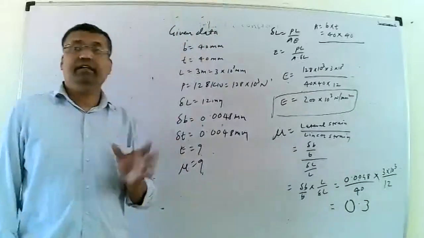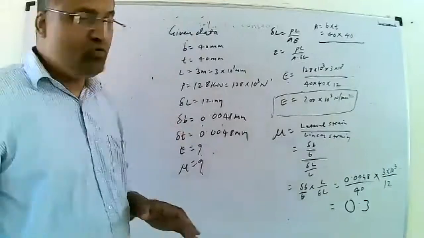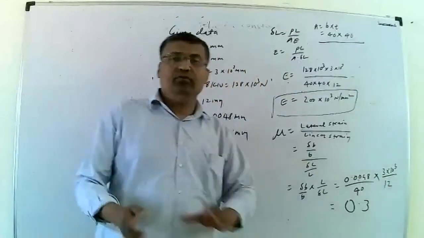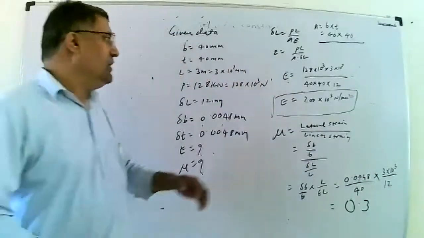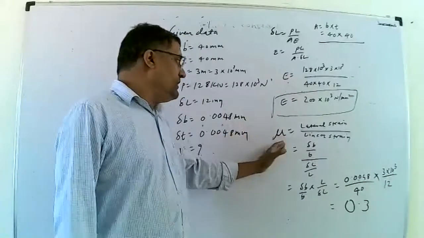Then once we find Young's modulus of elasticity E, to calculate mu, what is mu? Mu is the ratio of the lateral strain to the linear strain.